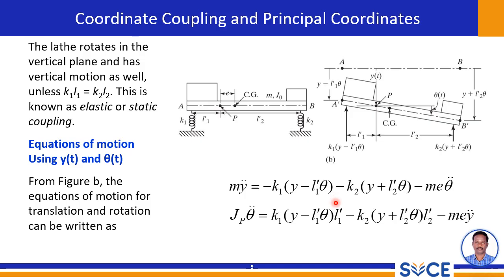When this condition is met, the coupling terms disappear, and we call it static coupling. In essence, this system demonstrates how the placement and stiffness of springs can influence the motion of a rigid body. By understanding the equations of motion and the concept of elastic coupling, we can design systems that more effectively represent real-time systems.